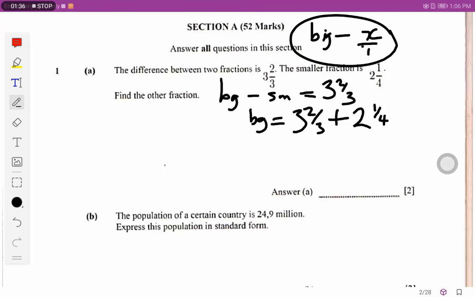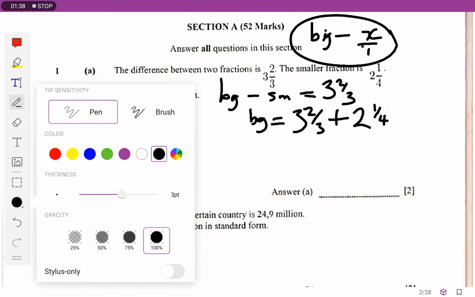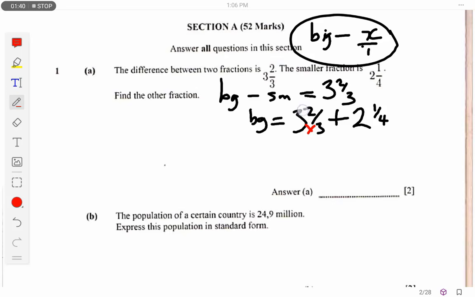Now let's find the bigger fraction. We multiply and add, multiply and add. 3 times 3 is 9, plus 2, that is 11/3. Plus 2 times 4 is 8, plus 1, we get 9/4.